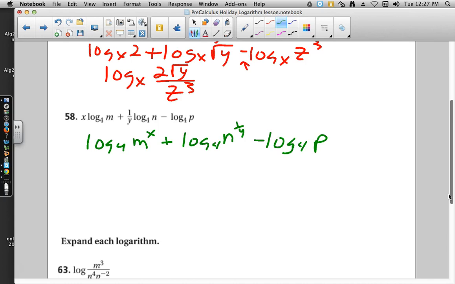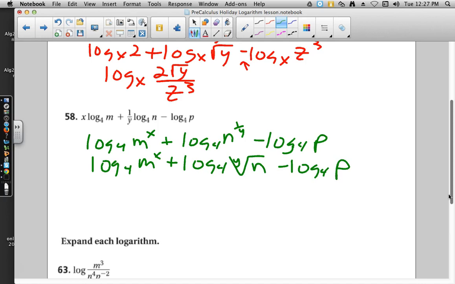What I need to have if I'm going to condense this is roots. So I'm going to write this as logarithm base 4 of m to the x plus logarithm base 4, because the 1 over y, remember, if it's 1/2, it's the square root. If it's 1/4, it's the 4th root. If it's 1/5, it's the 5th root. That's really the y root of n.